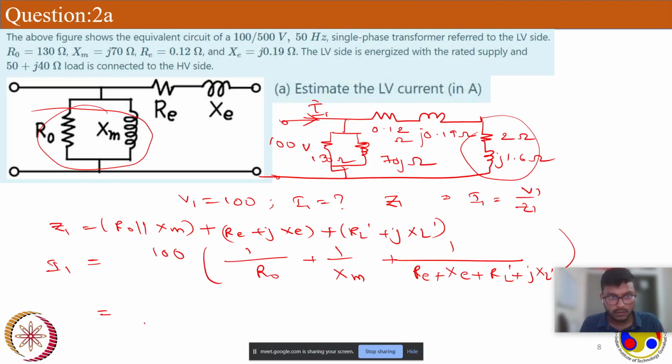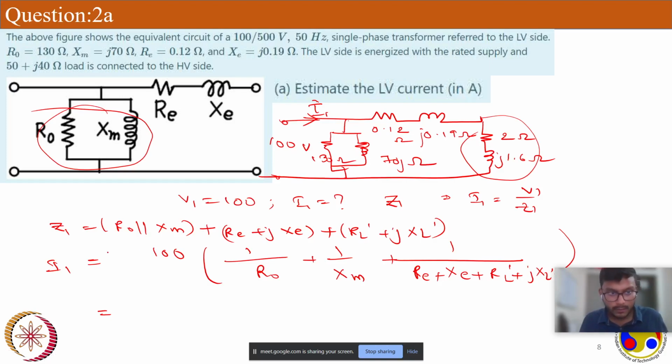Re plus Xe, yeah. Okay, yeah. I think we made a mistake here.